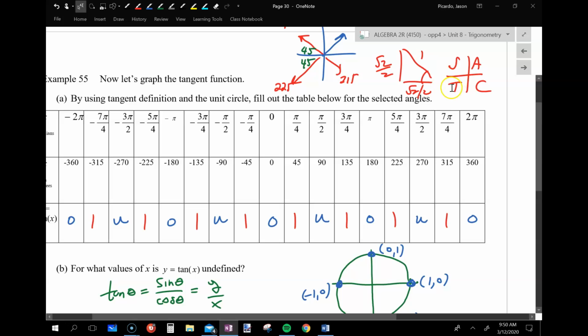No. Is it positive in quadrant 3? Yes. Is it positive in quadrant 4? No. So in quadrant 1 and 3, tangent is positive. In the other quadrants, it's negative. And so this one is going to be negative, positive, negative, and positive.